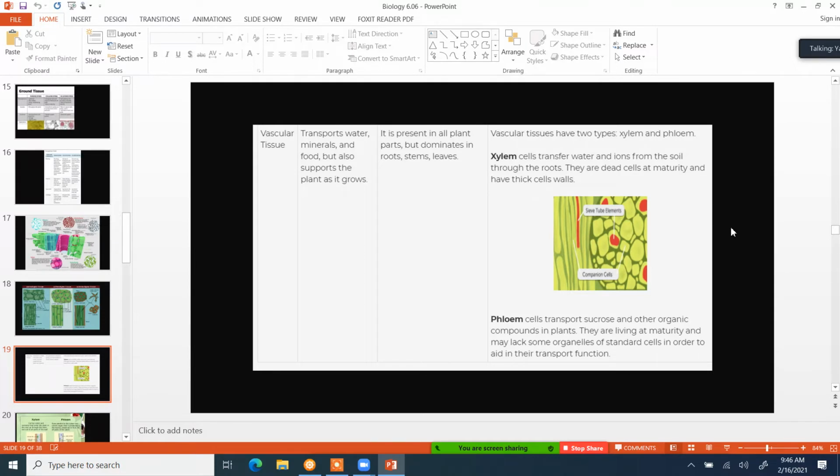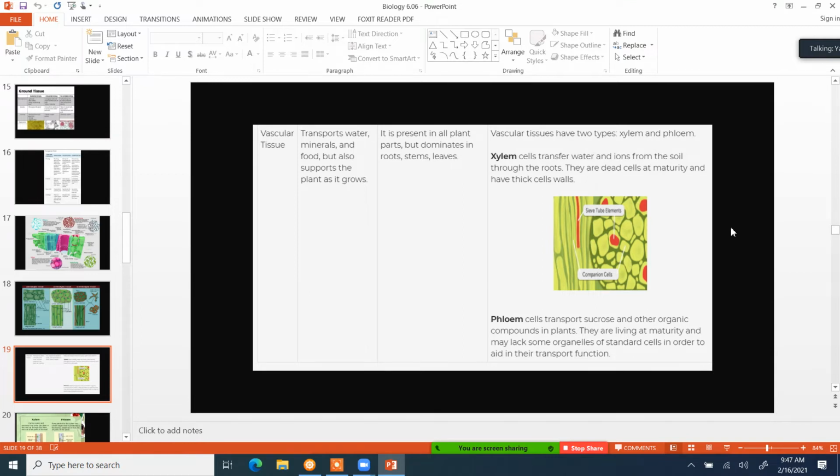So what is the purpose of xylem? Xylem transports mostly water and minerals that the plant has acquired from the soil up through the plant. Now what does phloem do? Phloem transports all kinds of organic molecules and food throughout the plant.